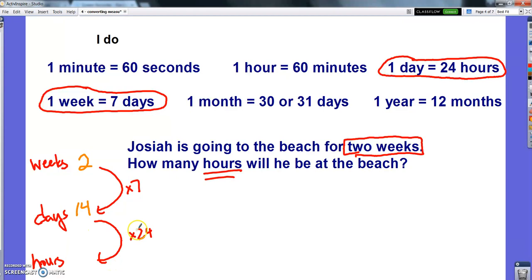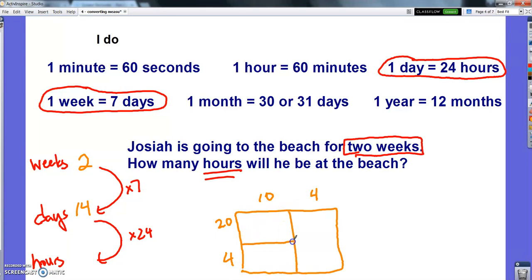And then 14 days times 24 hours per day. 14 times 24 is, let's see, 2 times 1 is 2, 0, 0. 2 times 4 is 8, 1, 0. 4 times 1 is 4, 1, 0.